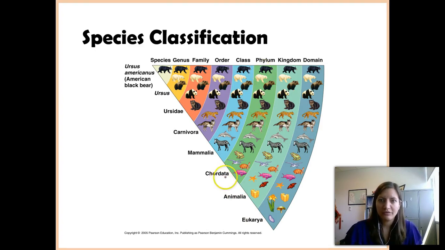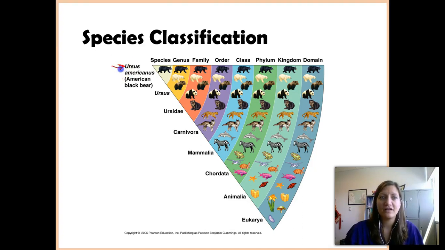Mammalia, these are mammals, including us. So now we're trimming it down to mammals. All right, carnivores, which humans are not in. We're only looking at carnivores. Then we have our general bears, then our true bears, and then finally within the Ursus genus, we have Ursus americanus, which is the American black bear.